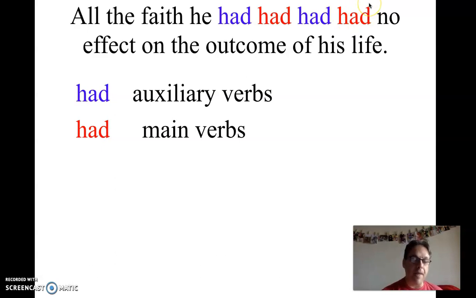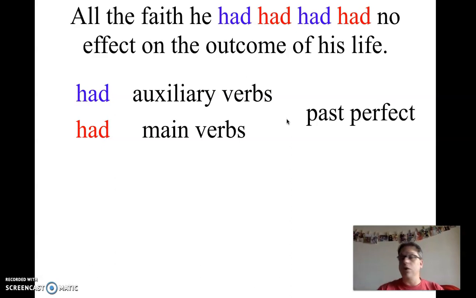So if these are the main verbs, even though this is the same verb, we know coming before the main verb, it's going to be an auxiliary verb. Think of something like, he should have studied for the test. Again, the verb before have is going to be an auxiliary verb.